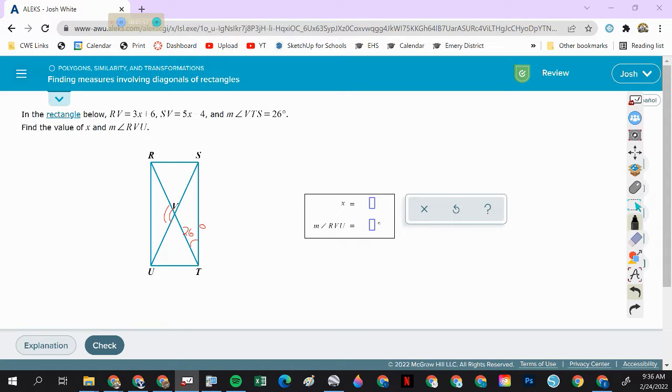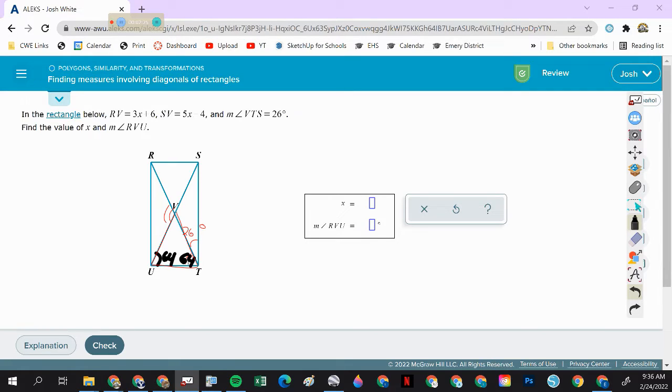Okay. Now if this angle is 26 degrees, how big is that angle? How are we going to figure that out? Well, if this is 26, how big is that angle? It's 64. It's complementary to 26. So if this is 64, then this is also 64, right? And here is a triangle.